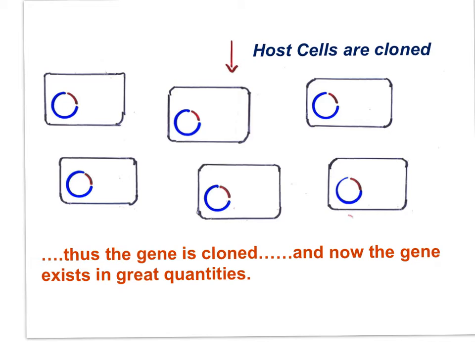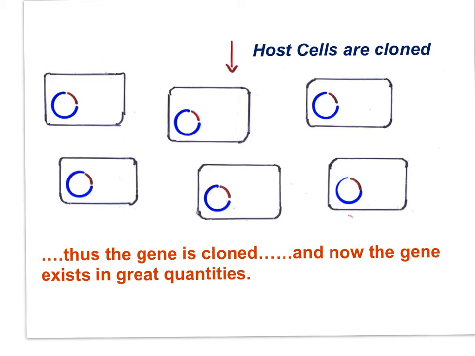Now let me take a step back. I've simplified the process of getting the gene of interest. Truthfully, if the gene of interest is the gene for insulin, no one extracts it directly from the cell of a human. Instead, restriction enzymes are applied to the entire human genome. Many DNA fragments are formed, most of which do not have the insulin gene, but some that do.